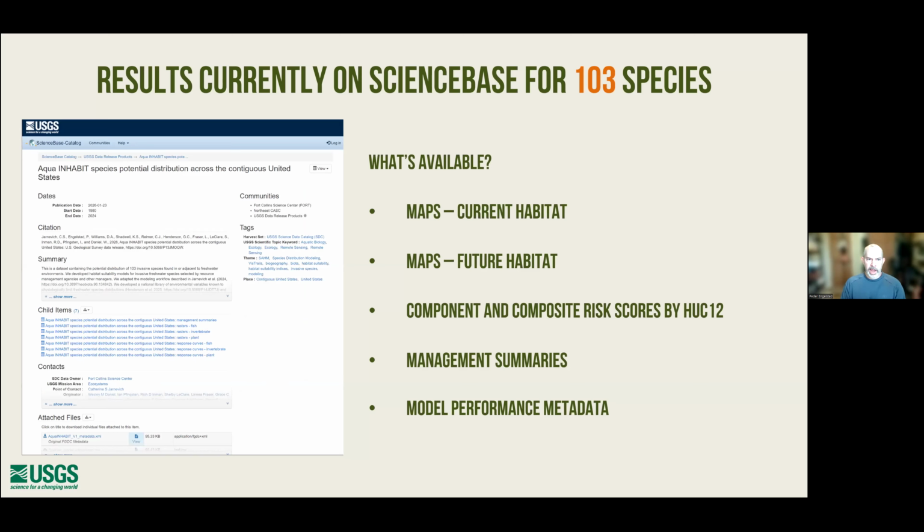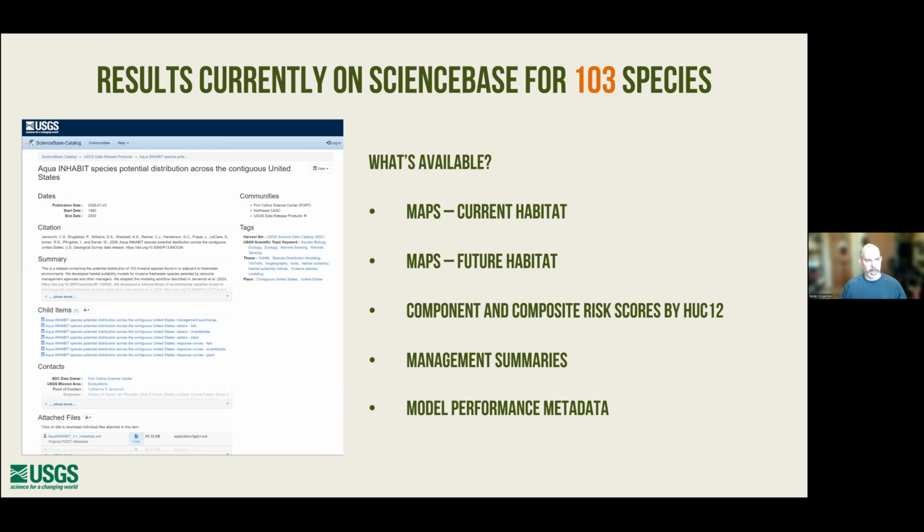We have all these results currently available on ScienceBase for the 103 species. That includes maps of current and future habitat and, probably most importantly for folks on this call, these composite risk scores by HUC 12, including the components, and management summaries.